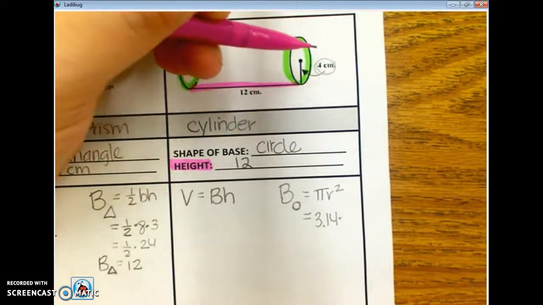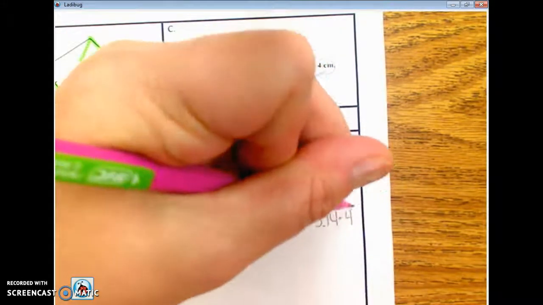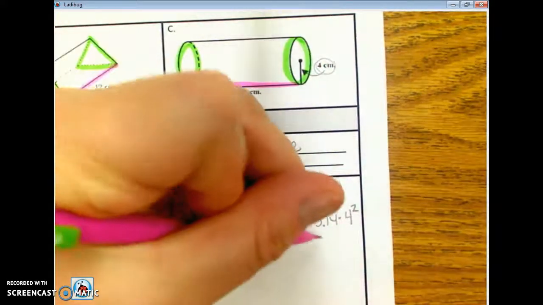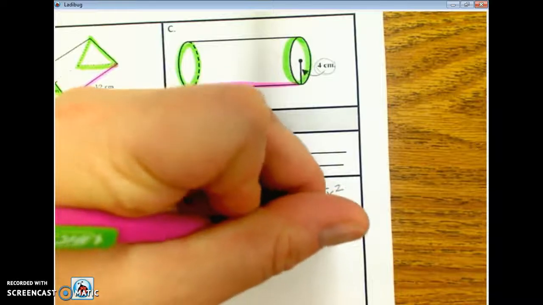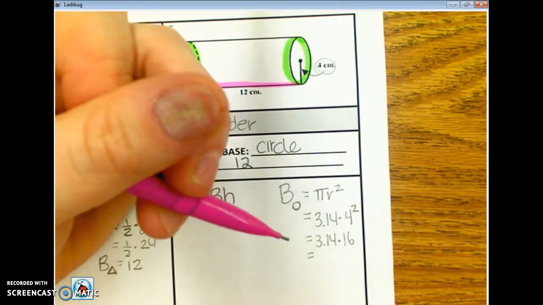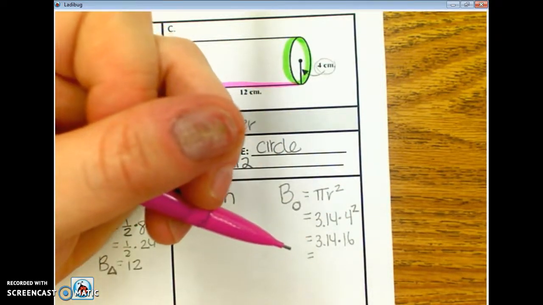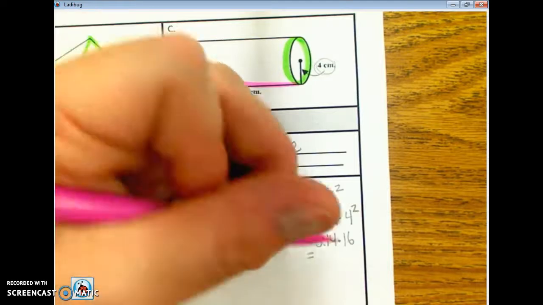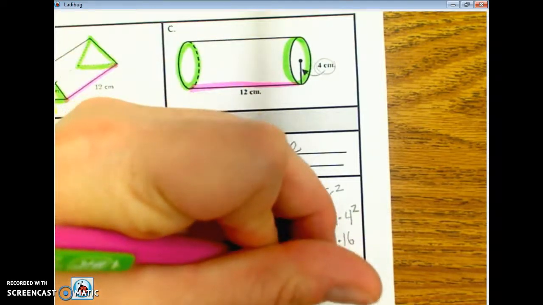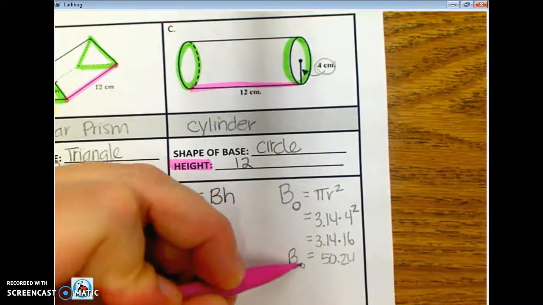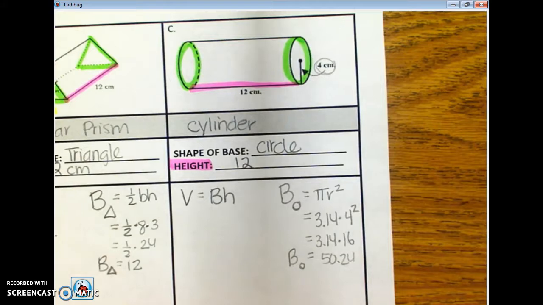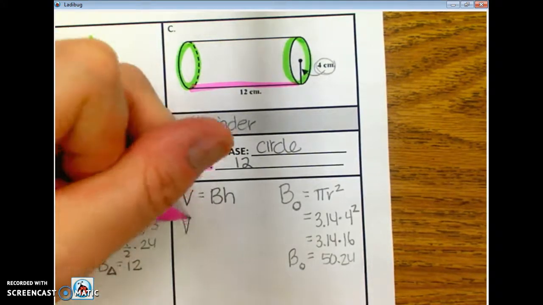Okay, there's my radius. So I got to do 4, and don't forget the exponent on it. So 3.14 times 4 squared is 16. All right, and do that in my calculator, and I get 50.24. So the area of my base is 50.24, and then I'm going to stack 12 of them on top of each other.